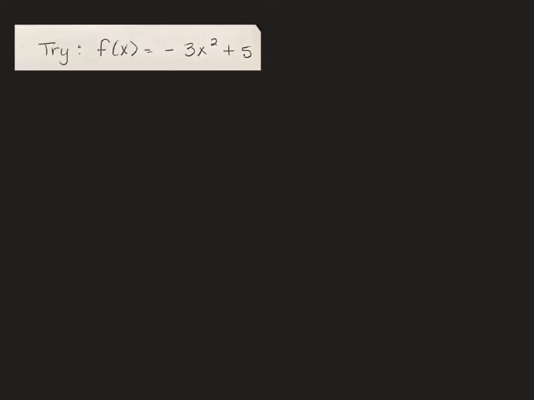Again, pause it, try this one. All right, so let's go over this again. Y equals negative 3x squared plus 5. Switch your x and y. Okay, we are then going to solve for y. Subtract 5 off.